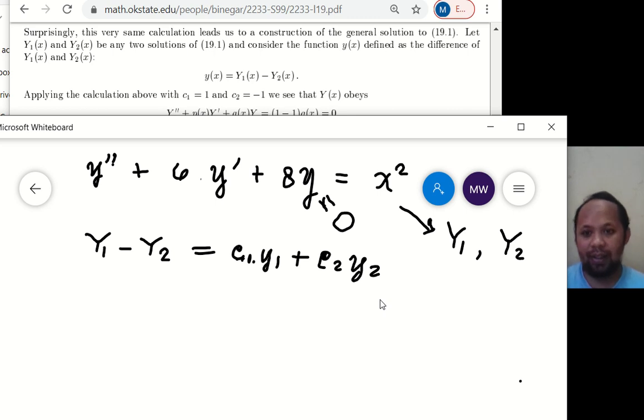Then if we rearrange this result into something like this, or let's assume that we already know one solution from these two, let's say we already know y2 here, then we can obtain y1 using these relations.